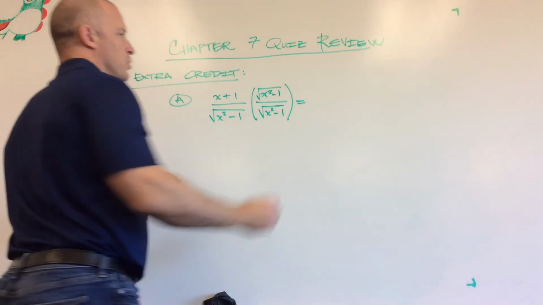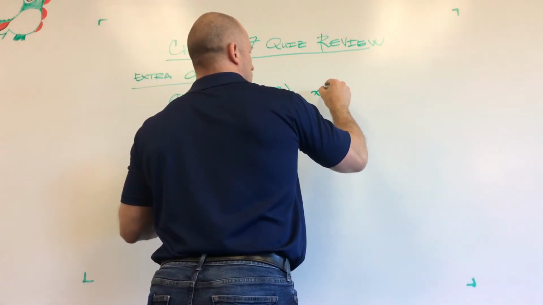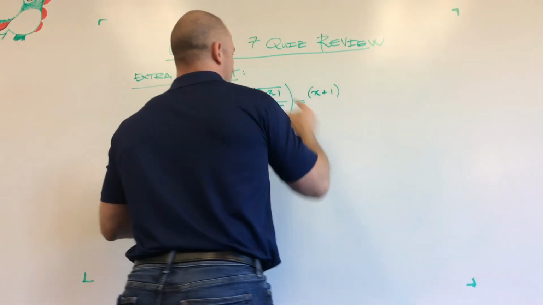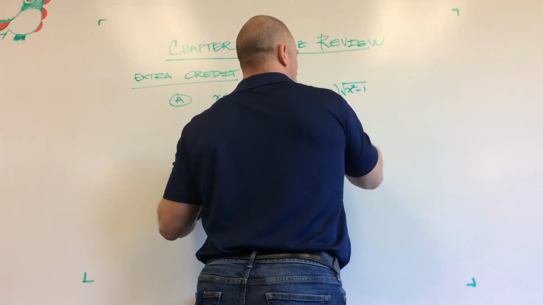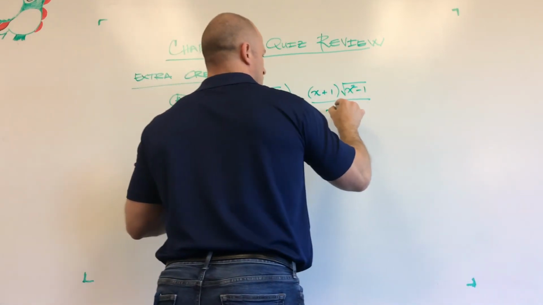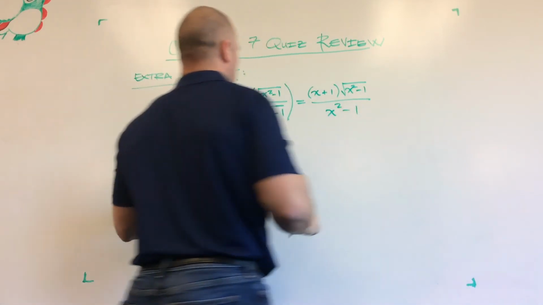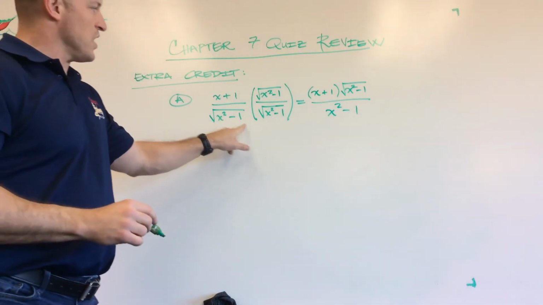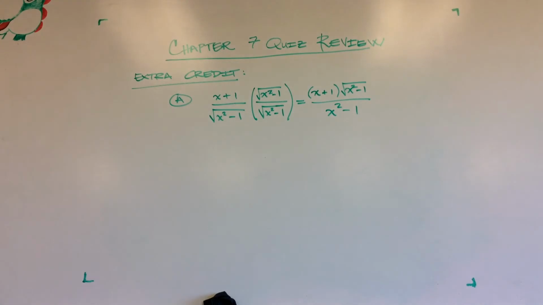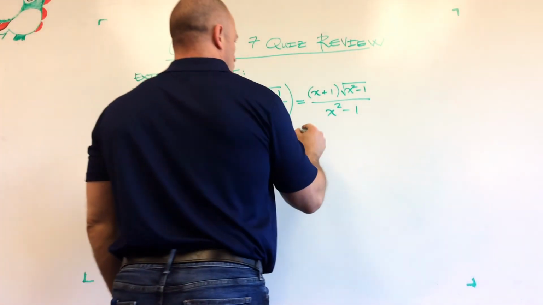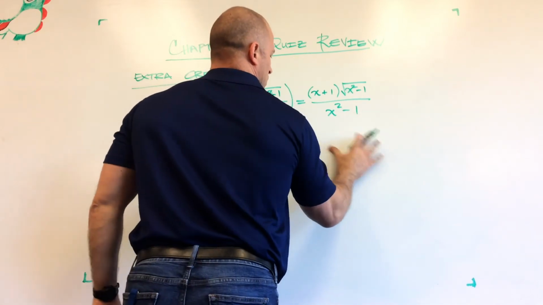So on the top, we'll just leave it right like this for a second. We'll leave it as x plus 1 times this radical, x squared minus 1. On the bottom, we're going to get x squared minus 1 because the square root of anything times itself is going to give you what was inside the radical. From there, we can factor the bottom part.